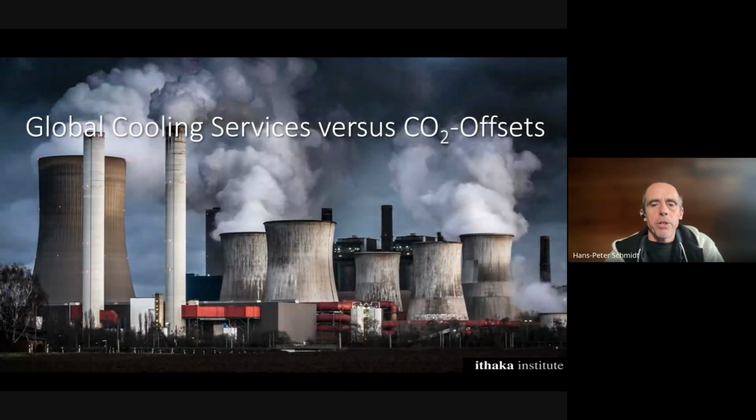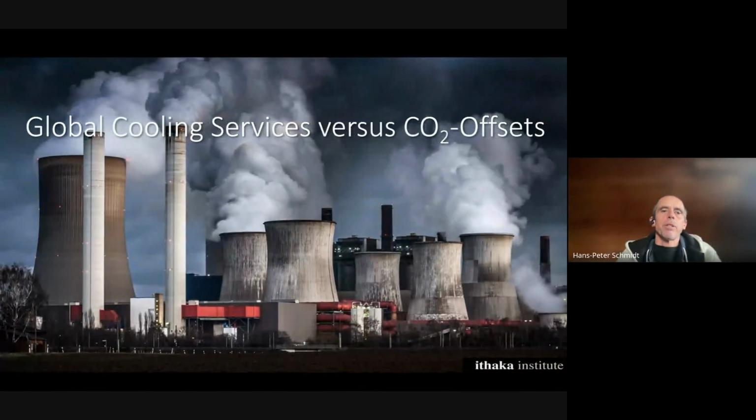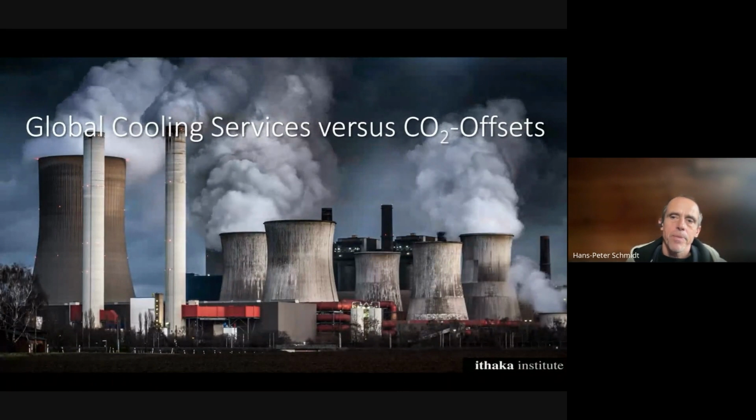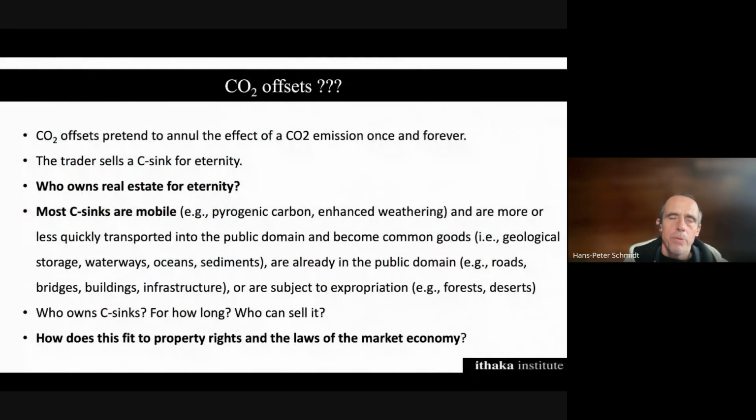So if you check now what's the difference between global cooling services and CO2 offsets. CO2 offsets means you do one action now and you repair the effect of your emission forever. And that means the trader sells a carbon sink for eternity.